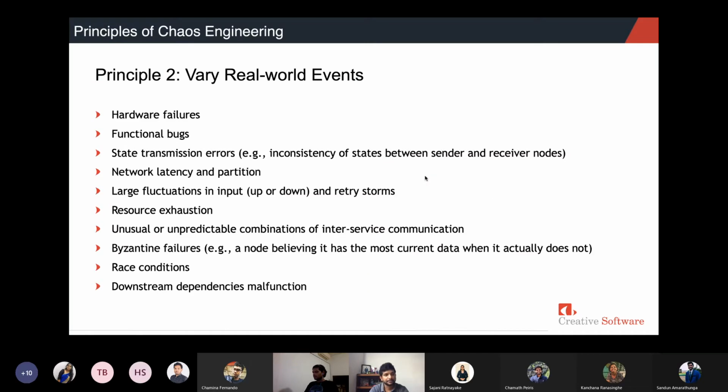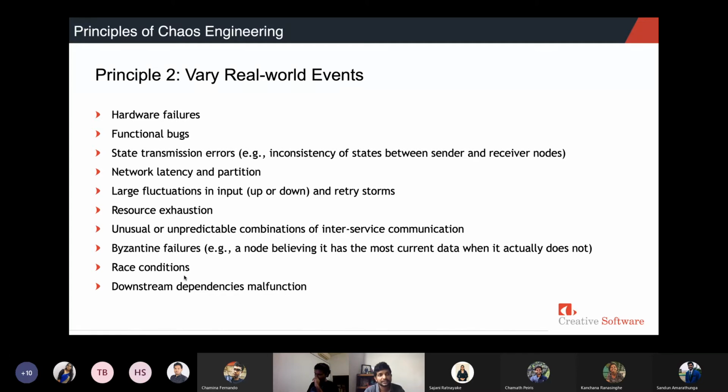And if we move on to principle number 2, this is about varying real world events. Some of the real world events are hardware failures, functional bugs, and state transmission errors. There are a lot of errors like this. If I look at the last few points, Byzantine failure is where data inconsistency comes into play. And then race conditions. We all know, as software engineers and quality engineers, we have worked in different software systems, architectures, distributed systems.